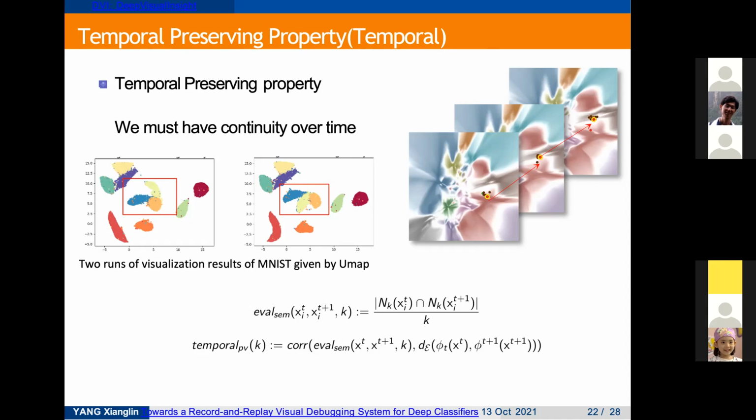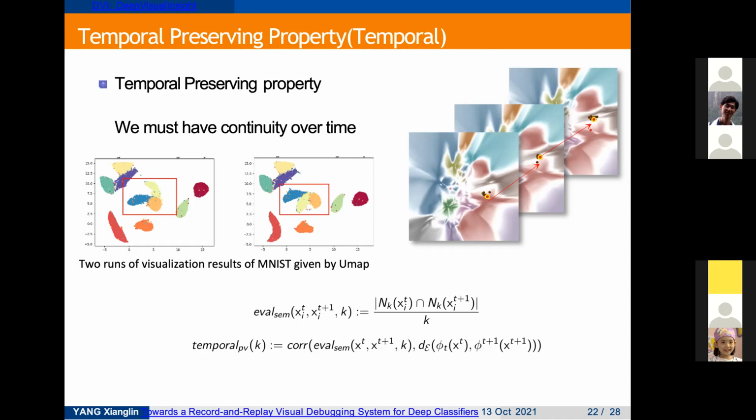We take the representation of some sample xi from time step t, and then the representation from time step t plus 1, and we find the k-nearest neighbors of xi at time step t and at time step t plus 1 and calculate the intersection between the 2 sets.